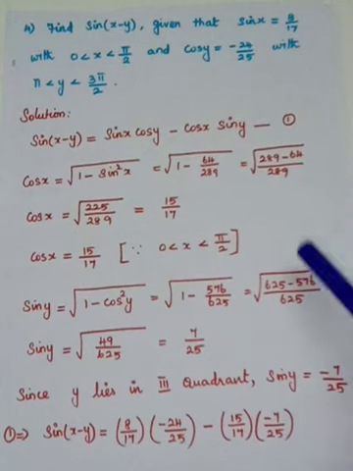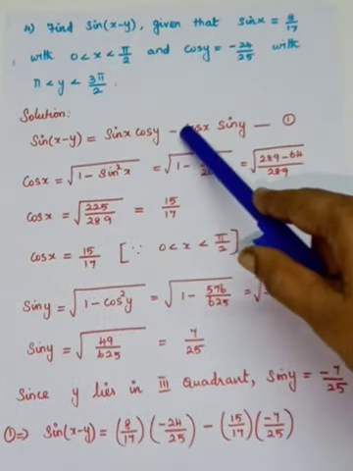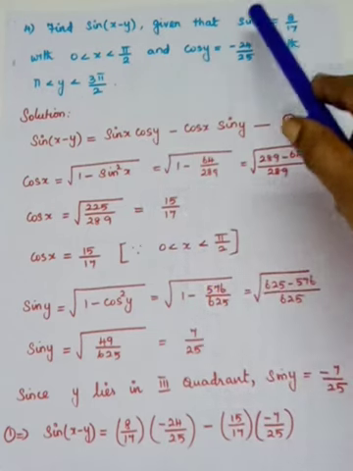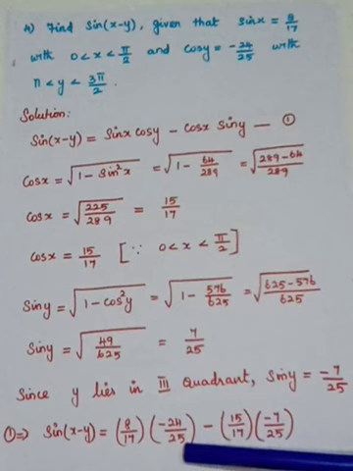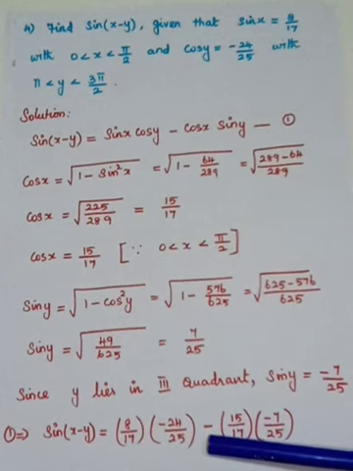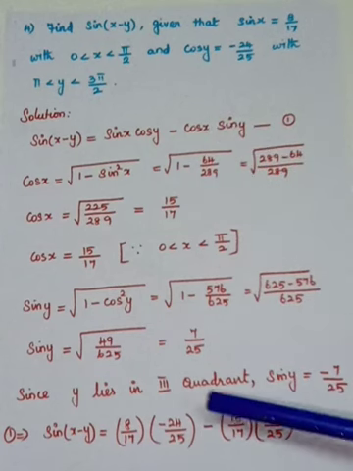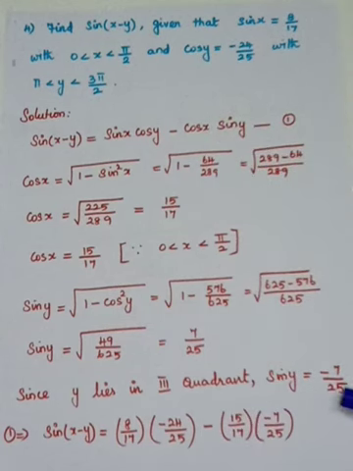So we have found all the results. So it has to be substituted here. What is sin x? It is given 8 by 17. What is cos y? It is minus 24 by 25. In between you have to write minus. It is in the formula. So cos x. Cos x is 15 by 17 and sin y is what? Minus 7 by 25.